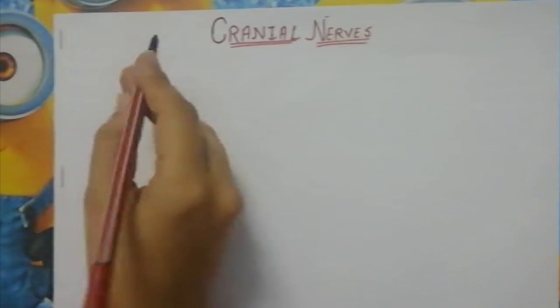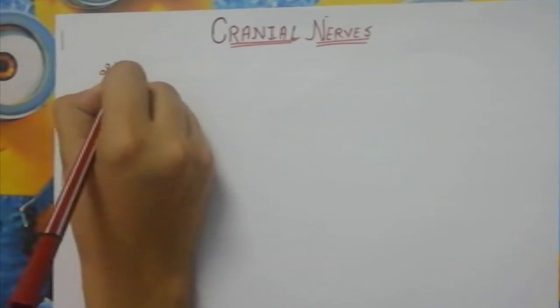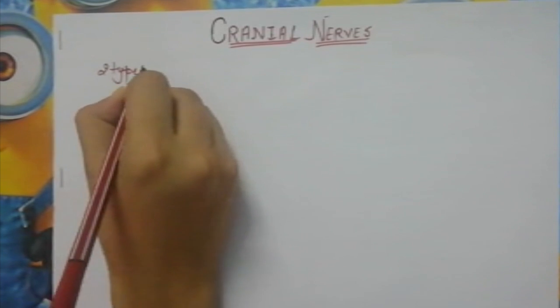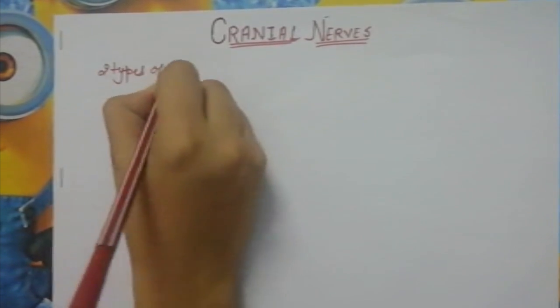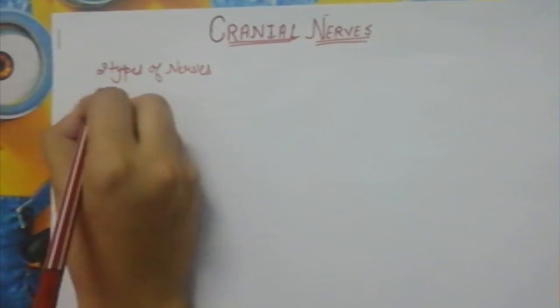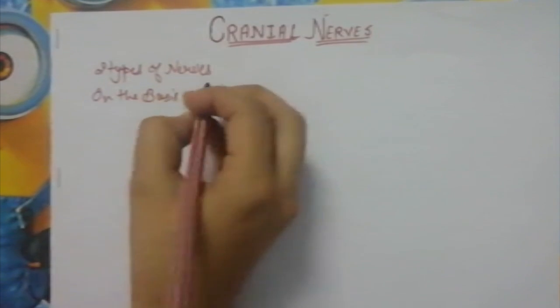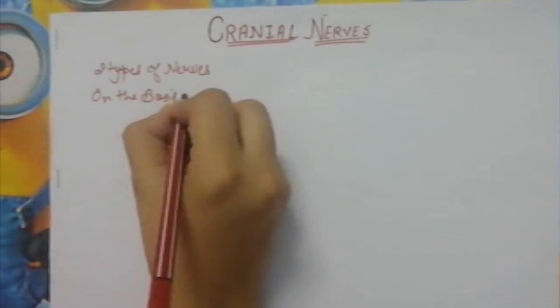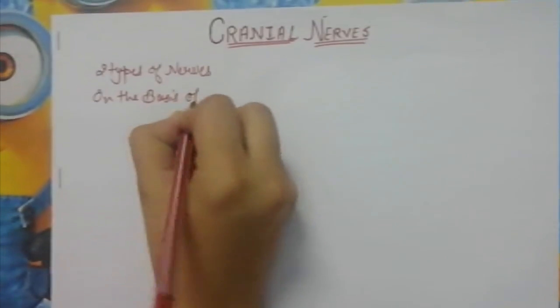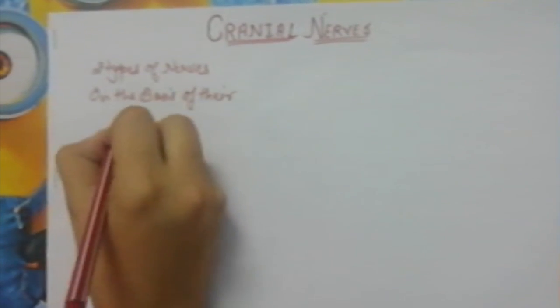As we know, there are two types of nerves on the basis of their attachments. Sorry for my handwriting, it's not that good.